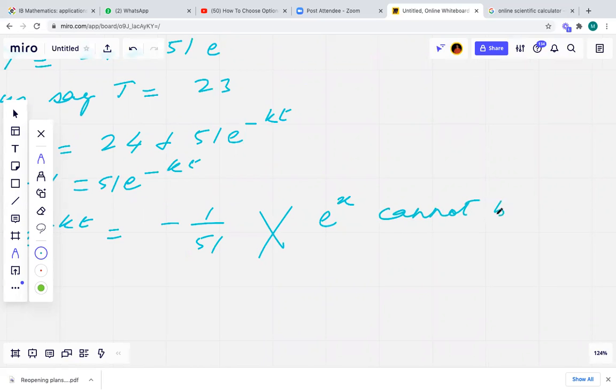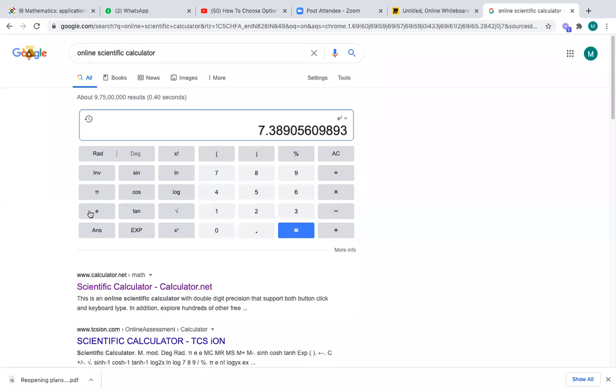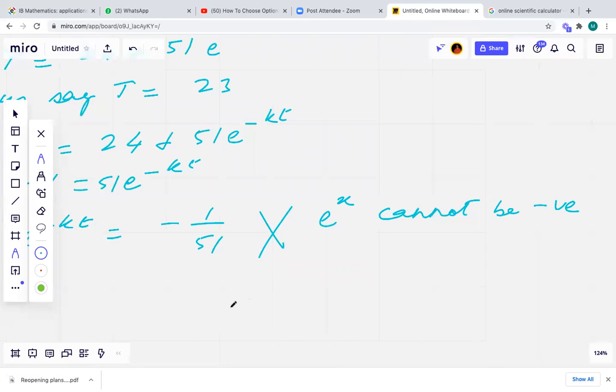Can you think of what e is? e is a positive number, 2.718. Suppose 2.7. Now 2.7 raised to any number, will it be negative? No, it cannot be.